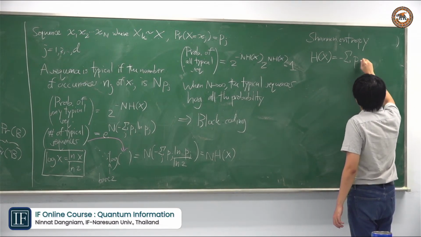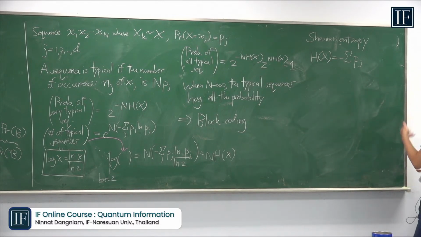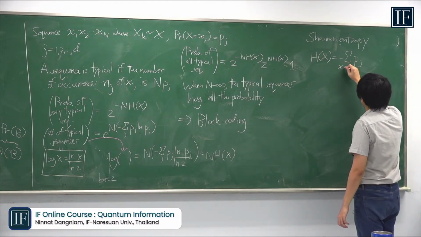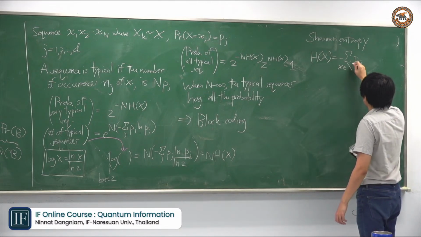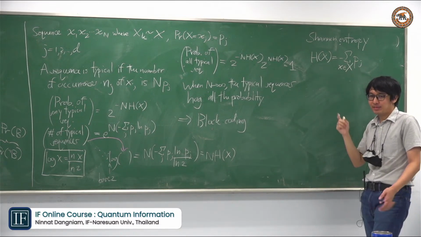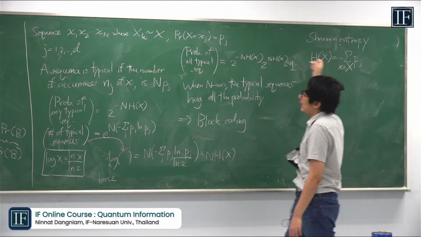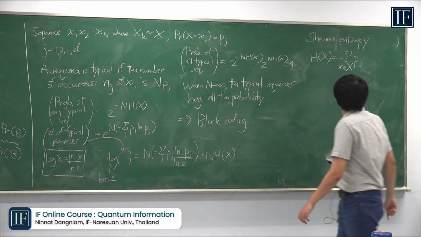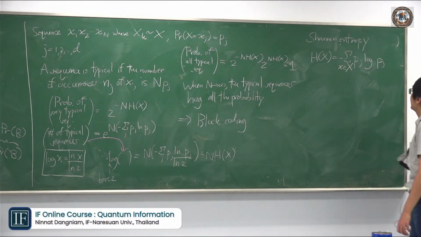So if I have a source of a symbol, I'm going to abuse the notation a little bit, and I just say this little x is in the set capital X, by which I mean this can take one of the d values here, okay? And log base 2 of this.